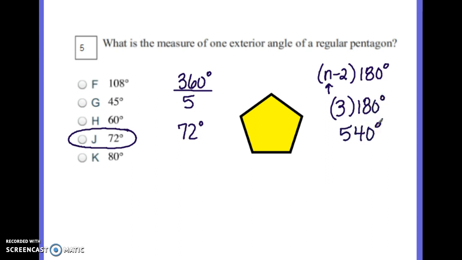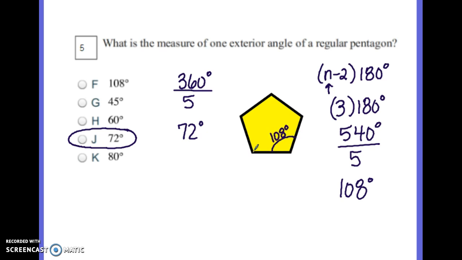Since there are 5 interior angles, we would take that 540 and divide it by 5 so that each interior angle of the polygon is equal to 108 degrees.